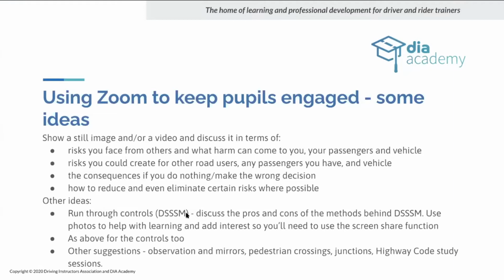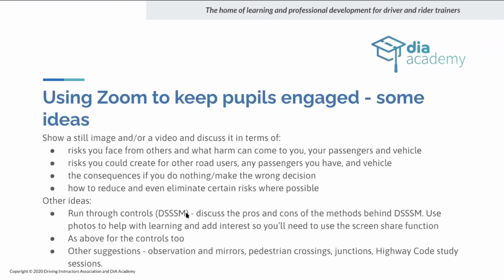Obviously you haven't got the luxury of practical training, or you might choose to do this in addition to practical training as well. If you've got a pupil who's maybe getting a little bit stuck on something, you might want to use this kind of method to go through with them, get a bit of video footage of a particular junction or a picture, and if they haven't got the pressure of driving the car, they can just take that step back and have that discussion with you.